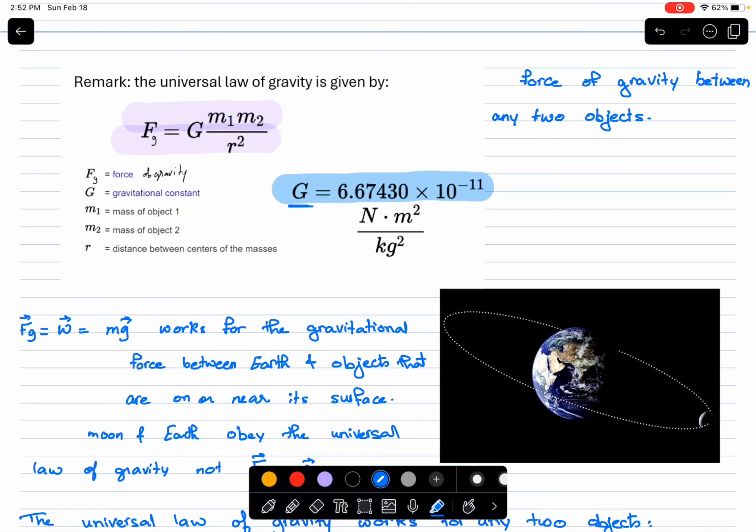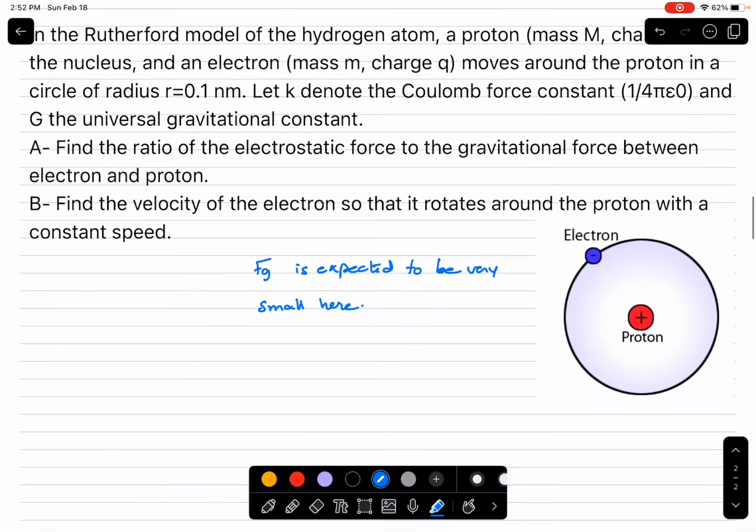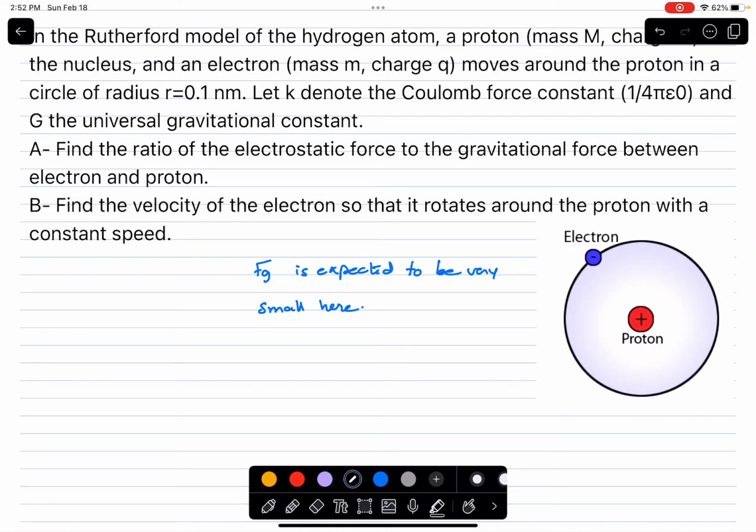That's why we feel the gravity of Earth. It's significant, and the gravity of Earth is actually what keeps all objects on its surface. So basically we can use this formula to find the gravitational force between the proton and the electron in the Rutherford model.